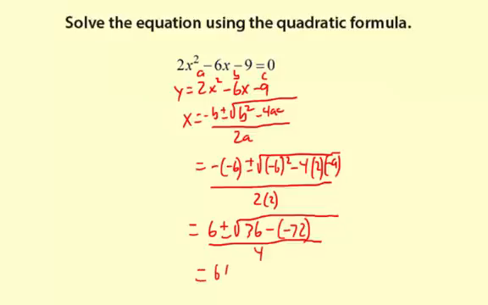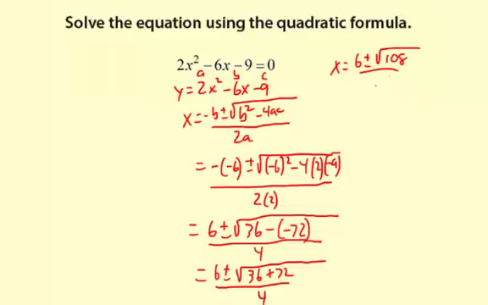So that's 6 plus or minus the square root of 36 plus 72 all over 4. Now back up here, x equals 6 plus or minus the square root of 36 plus 72 is 108, divided by 4. So now we just need to see if this 108 can be simplified.